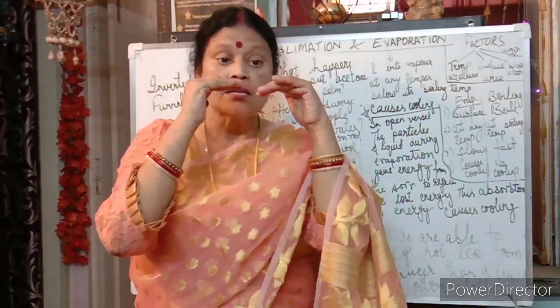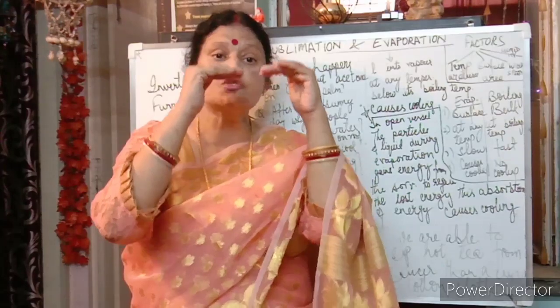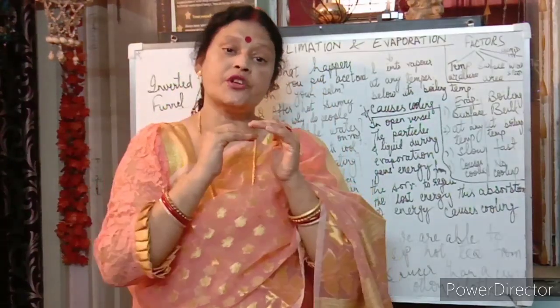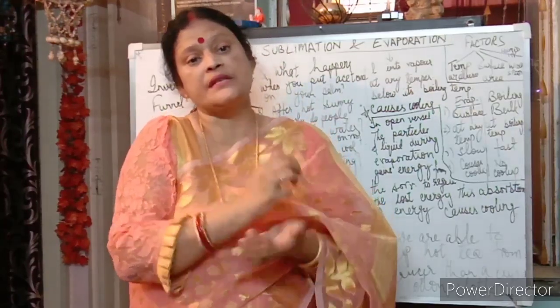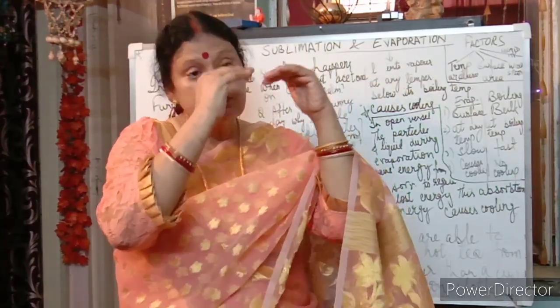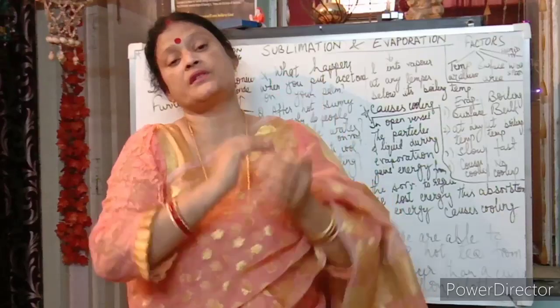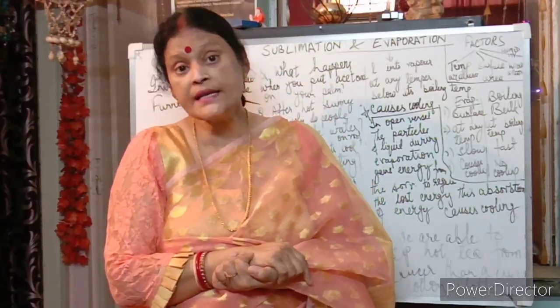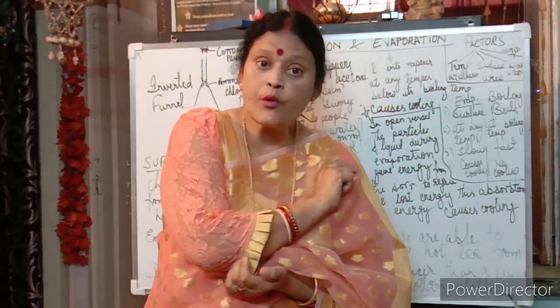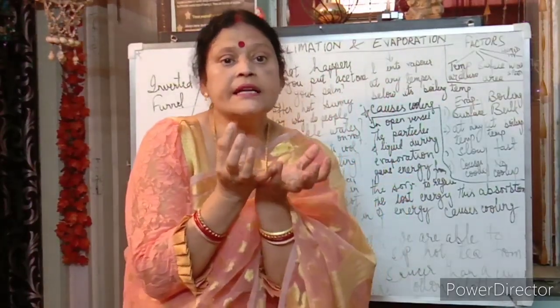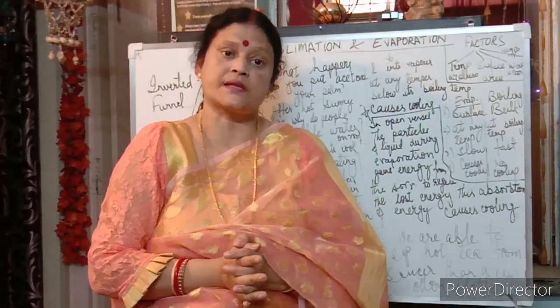Surface means only the surface particles continue with evaporation, and what is going on inside the water? These all happen inside, so that gradually it evaporates from the surface. Boiling is not a surface phenomenon, it is a bulk phenomenon. In boiling, all the particles take part in this process.